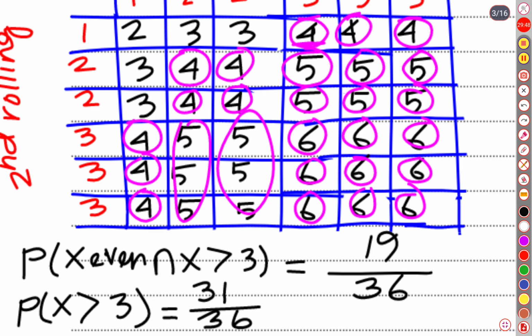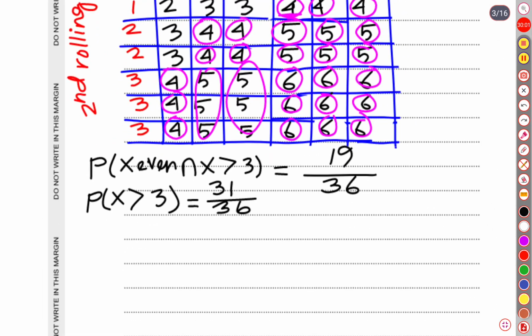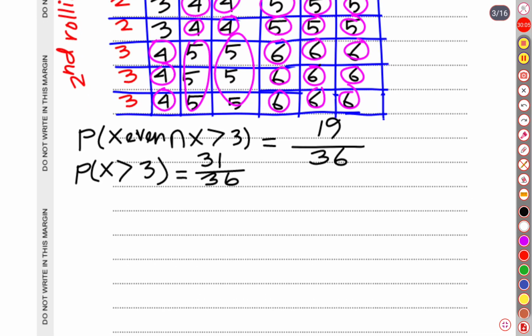So this is the probability individually. x even and greater than 3 has 19 scores, and only x is greater than 3 has 31 scores. Okay, now we will write. How will we write the probability?